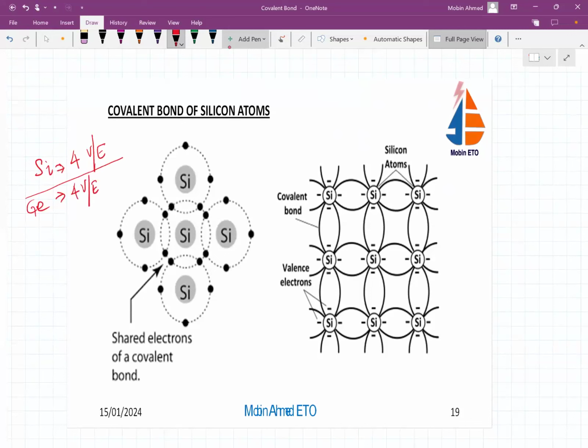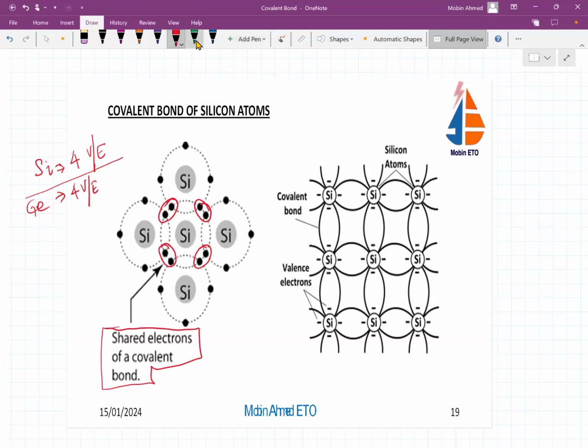Like this, the silicon atom is going to share its electrons with the other neighboring silicons and it will become stable. So this is known as electrons shared in a covalent bond. This is the covalent bonding. So it is going to make a bond.